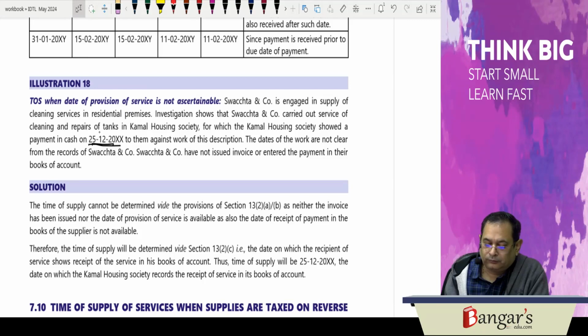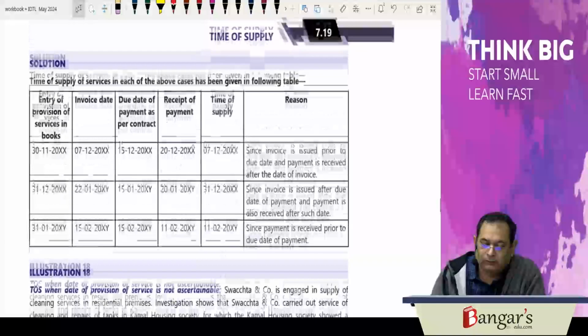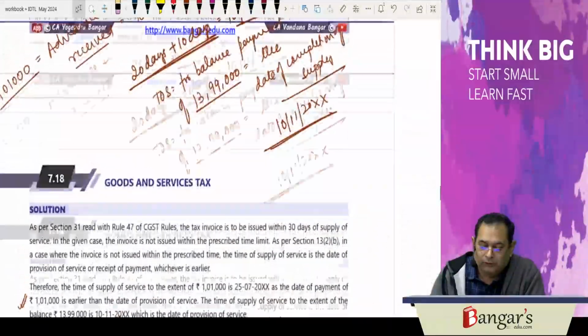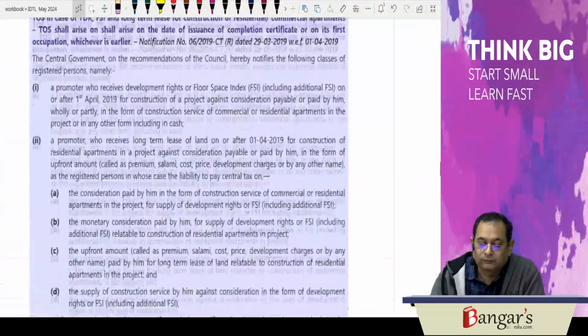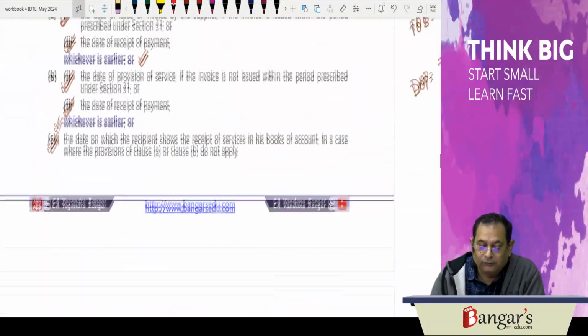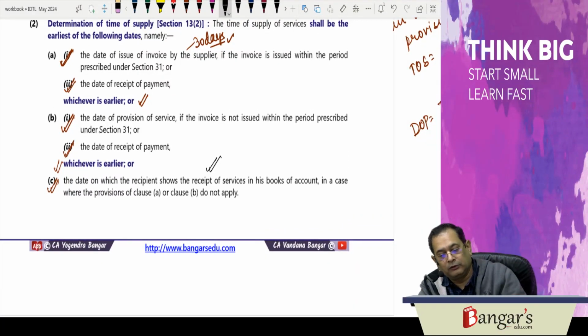So here, where as per the provisions of 13(2)(a) or (b) the time of supply cannot be determined, what will be the time of supply? It will be the date when the recipient shows the receipt of services in his books of accounts.